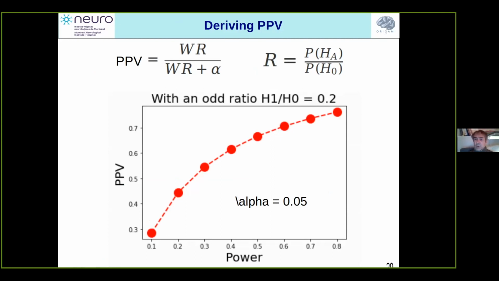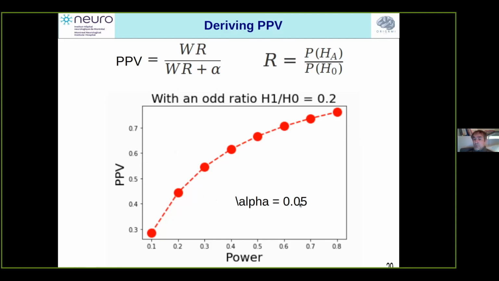Look at that graph, for instance, if you increase or decrease power. If you have a small power, let's say 0.3 or 0.4, which is not unheard of, the PPV is about 0.5, 0.6 maybe. So you only have maybe half of the time the probability that the alternative hypothesis will actually be true.